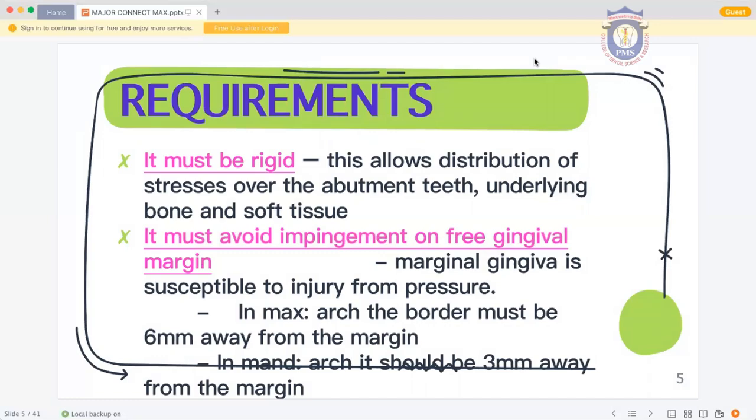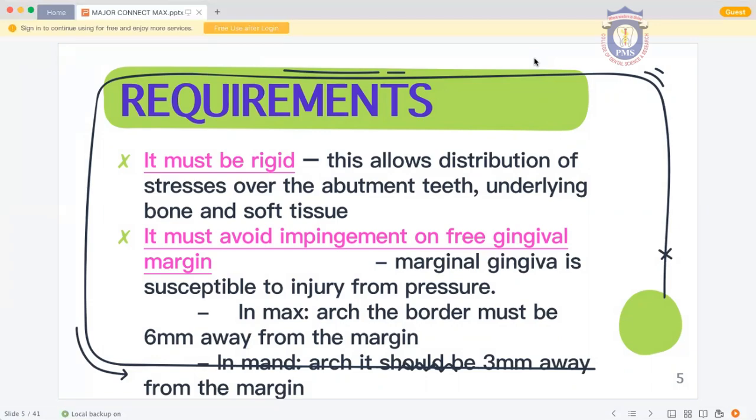So let's see what the requirements for the major connector are. The first requirement is that it must be rigid. That is, it allows distribution of stresses over the abutment tooth and underlying bone and soft tissue. It must avoid impingement on the free gingival margin.